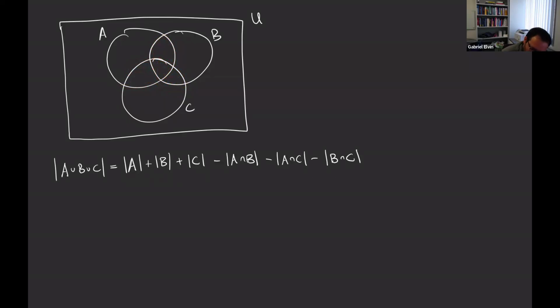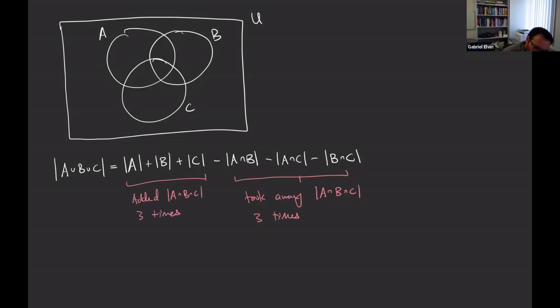So let's keep track of our things here. We took away the triple intersection 3 times. And when we were here, we added it 3 times, because when we do A and B and C, every time we're counting this part.